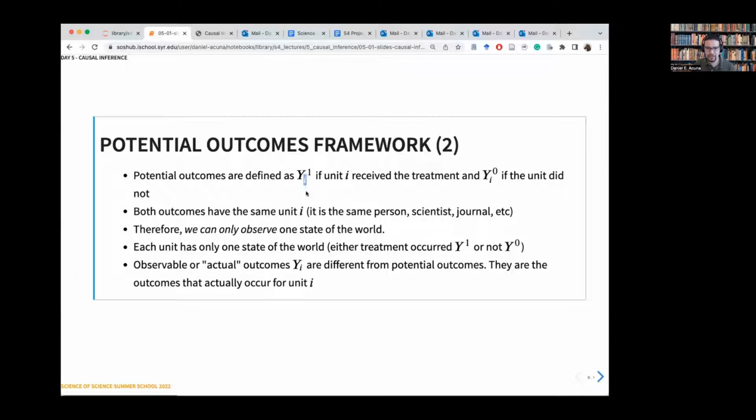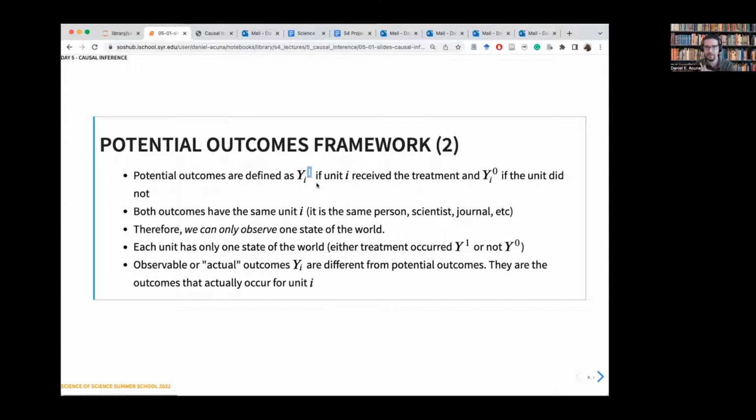The subscript i represents the units of analysis. So there could be a paper, a scientist, a patient, and the superscript represents whether the person received the treatment or not. And here we're going to be talking about just binary treatments.